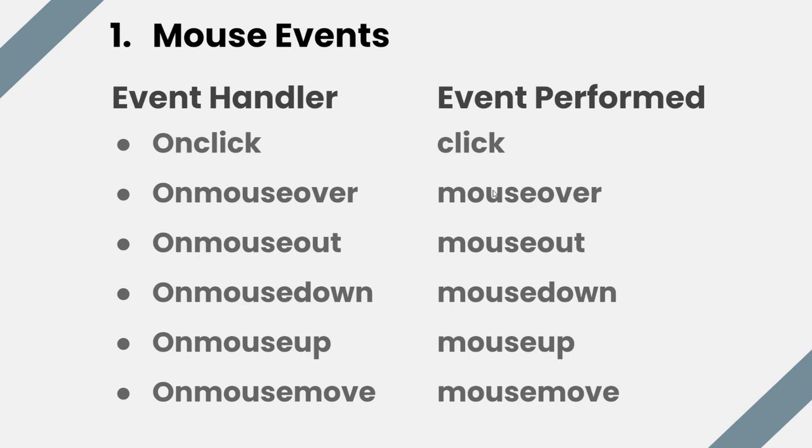So the next one we have is the onmouseout. The onmouseout here performs the mouse out event. And this event describes when a user moves the mouse pointer out of that element.